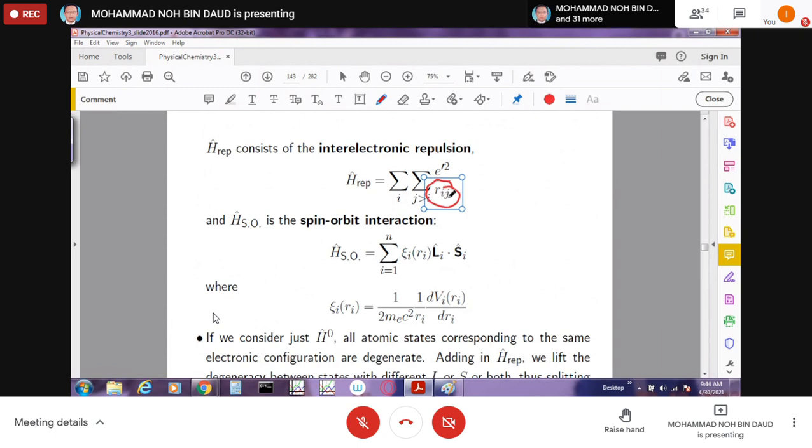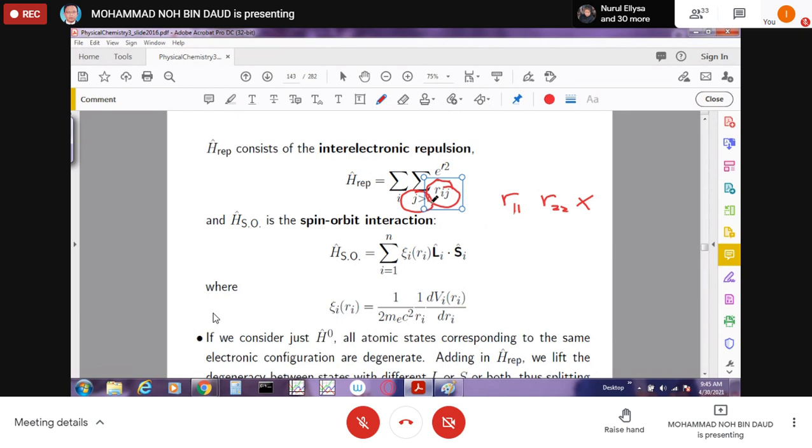Interaction Ij, where j is higher than i, to avoid giving the same potentials, like R11, R22, electron 1 with electron 1. That's why for the summation index we use j larger than i.